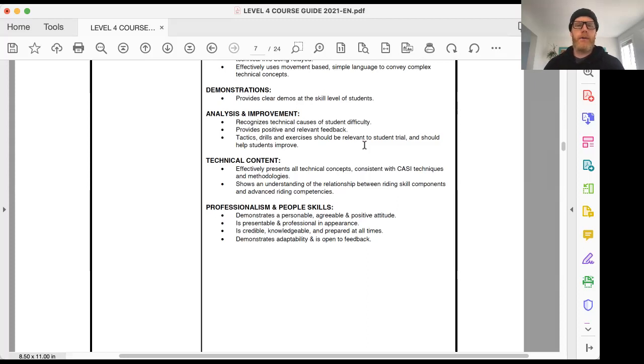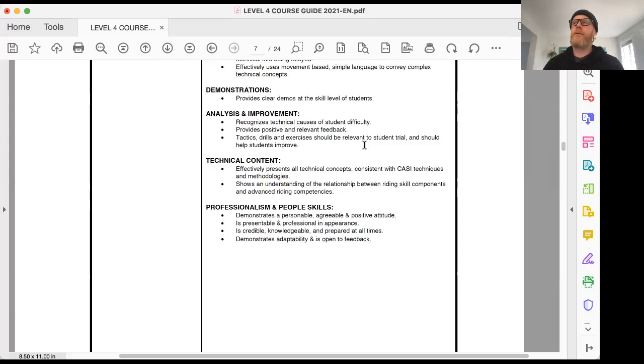All of a sudden, your communication becomes much more concise because you have a specific goal to chase there. Your demonstrations become clearer because when you drop in to do a demo, there's something specific that we're looking for, that you're trying to show and that your students can look for. And when it comes to feedback or analyzing, when you watch your students, you have something specific to look for.